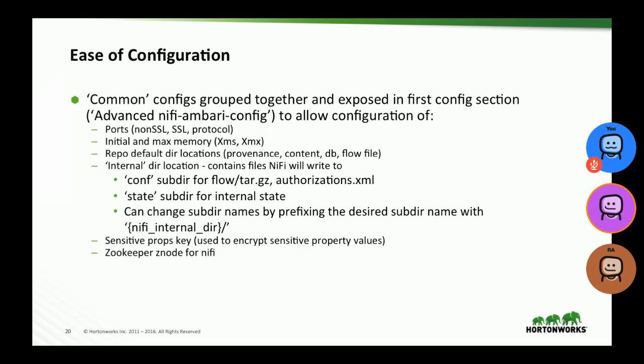So all the basic configs that you may need for first-time install are all clubbed together in one spot. So things like the ports, so what's the SSL port, non-SSL port, the initial and max memory, the repo default dir location, so your provenance dir, your content dir, your DB and flow file locations.